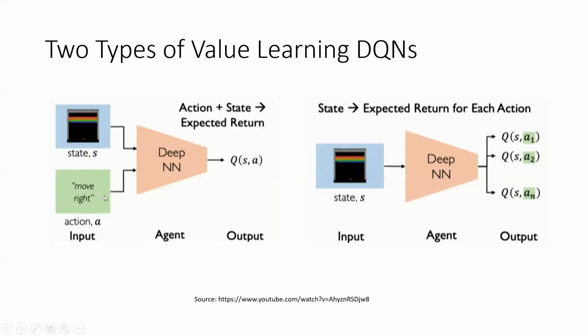And for each of the movements, if you have taken the action to move it right, you can give this as an input, and you can find what is the return that you have got, which is the Q value. And you can learn this deep neural network.